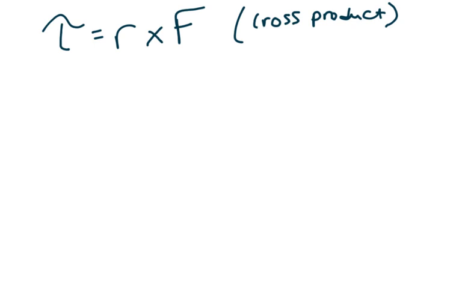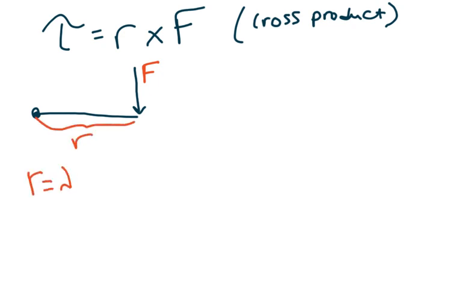The really important thing is knowing that when you're calculating a torque, you are calculating it with the force that's perpendicular to whatever object you are applying the torque to. So if I'm applying a torque to this bar here, there's my force. Here is the R. The R is the distance from the axis of rotation.